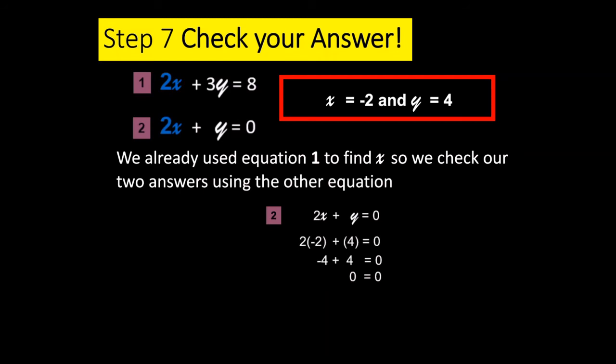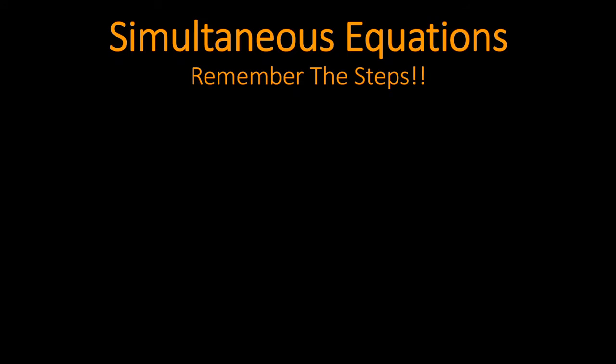Now be careful, our answer is not 0, but we know that we have our answers correct because those x and y values made the equation equal to 0 as it should have been. When you do your check, you should see that the left side of the equation is equal to the right-hand side of the equation.